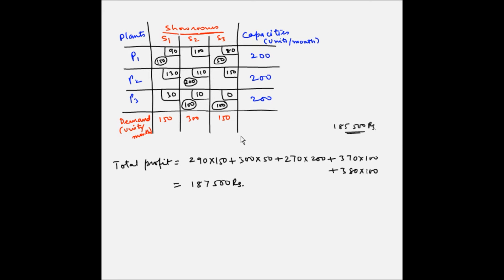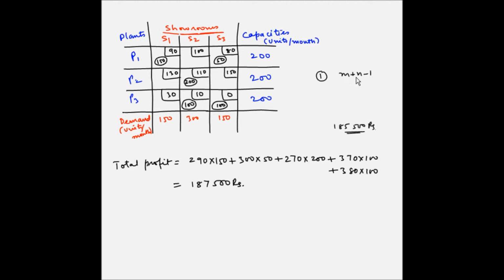So we have to perform an optimality test on this solution. However, before we proceed with the optimality test, we have to find out if it is acceptable to proceed with the optimality test on this solution. So there are two conditions to perform the acceptability test. The first condition is that the number of allocations should be equal to m plus n minus 1.